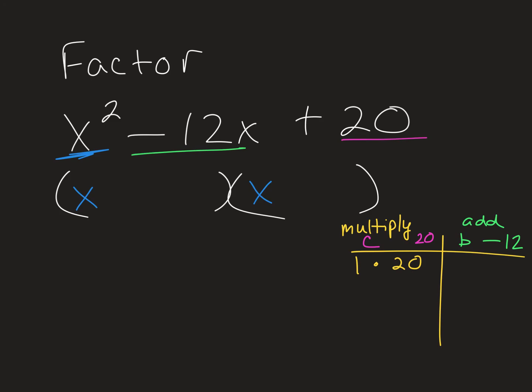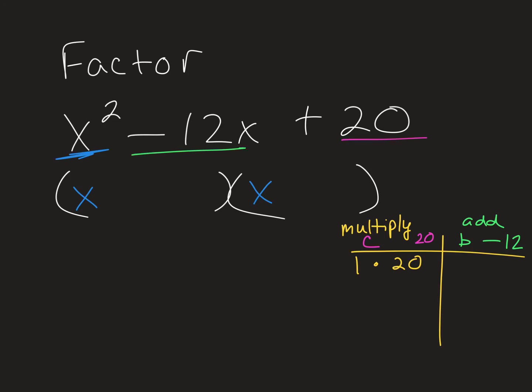So I know it's not going to be a positive 1 times a positive 20. At the same time, it's not going to be a positive number times a negative number, because a positive times a negative is going to give me a negative, and I need them to multiply up to a positive 20. So what does that mean?